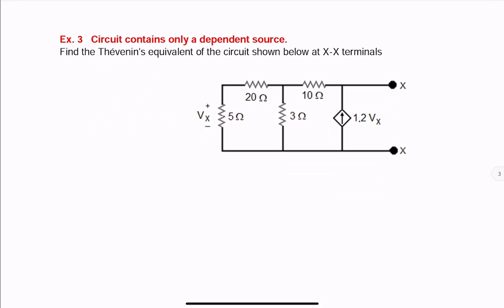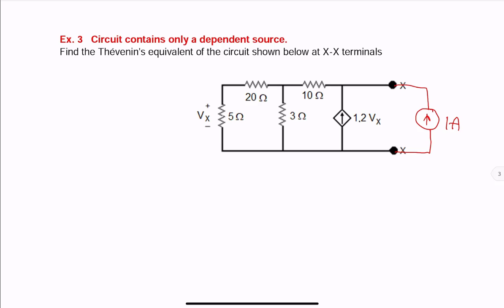If there was a network B connected to this circuit or a load resistor, we assume it's already removed. We want to find Thevenin's equivalent of the circuit at XX terminals, so we apply an external source, 1 volt or 1 amp. For this case, a 1 amp is a little bit easier because the current through the dependent source there is known.